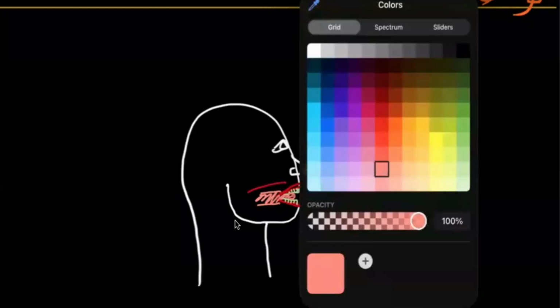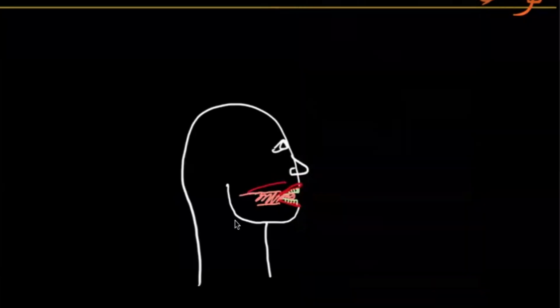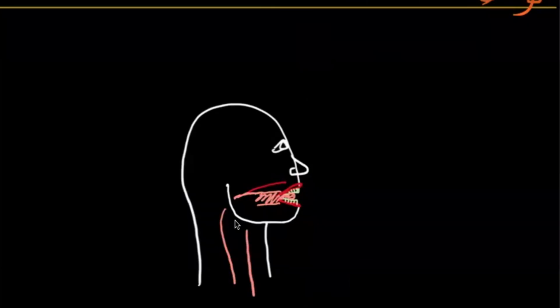So here's tongue, and then you have throat here. And you have this piece of flesh that hangs over your throat here. Okay.